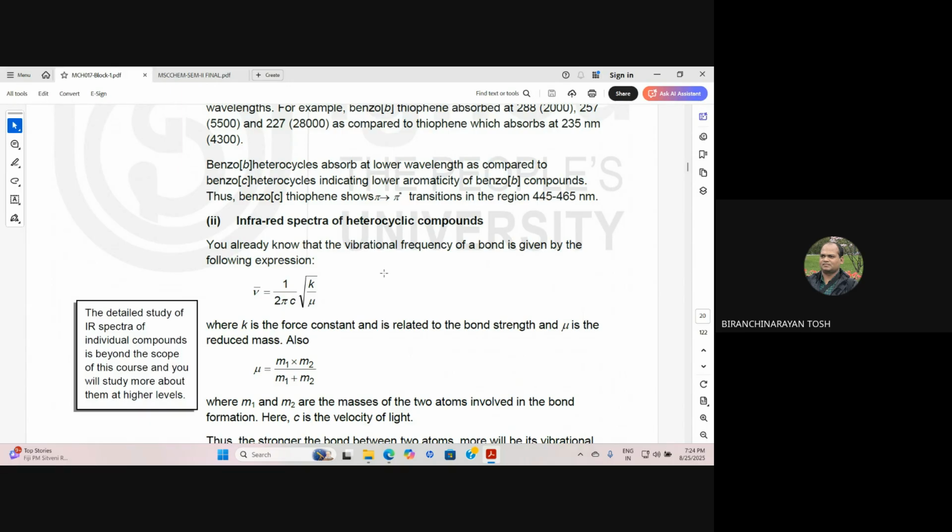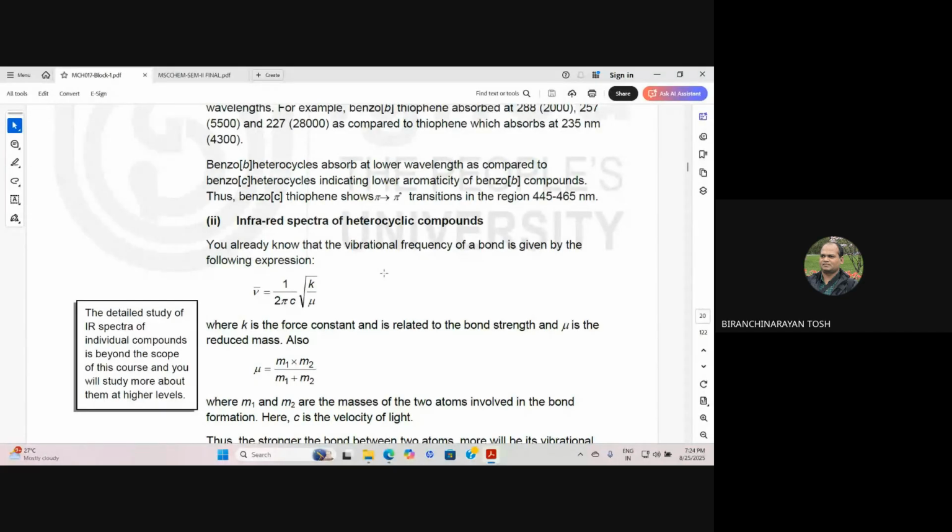UV radiation causes electronic transition, but infrared radiation is not sufficient to transit the electron. When the molecule absorbs infrared energy, its vibrational energy level will change.